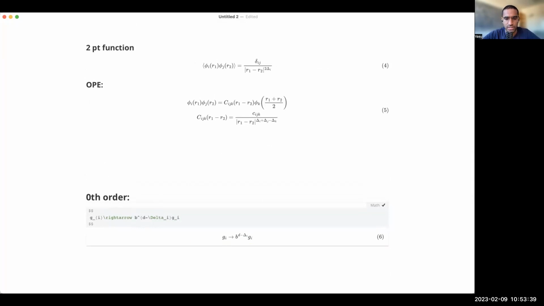And really, when we take this to be 1 plus delta L to the power D minus delta I, and then when we take delta L to be small, this is going to be GI plus... okay, so this is the zeroth, well, I mean, not call it order.